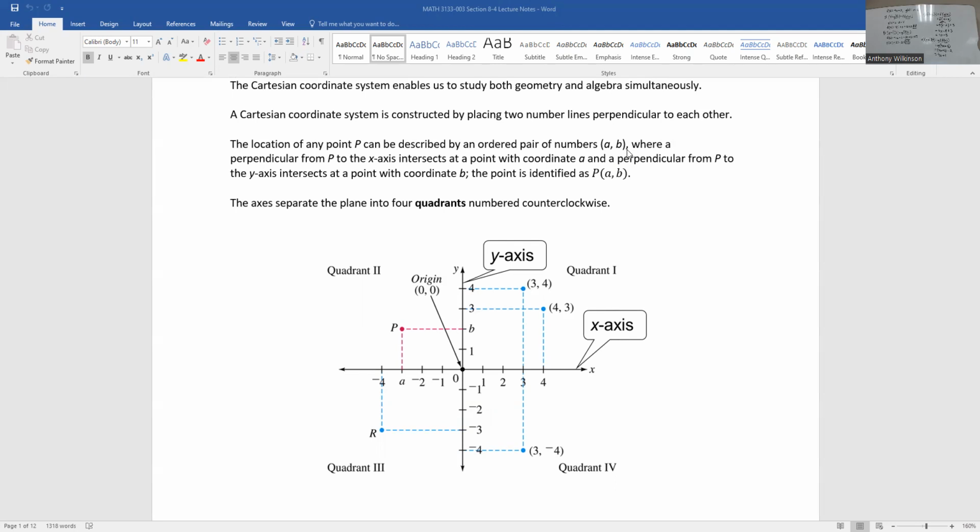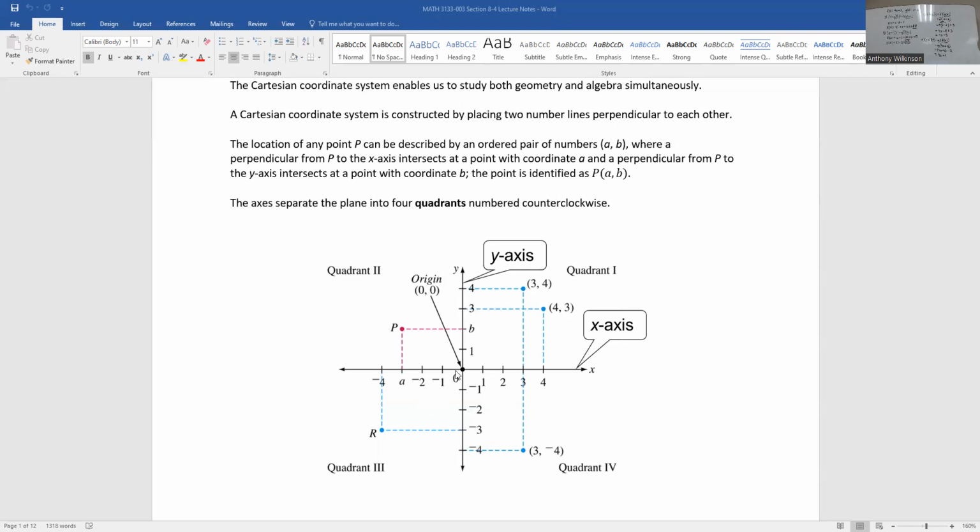We can also use x comma y for ordered pairs, where a perpendicular from P to the x-axis intersects at a point with the coordinate A, and a perpendicular from P to the y-axis intersects at a point with coordinate B, and that point would be identified as P with the coordinates A comma B.